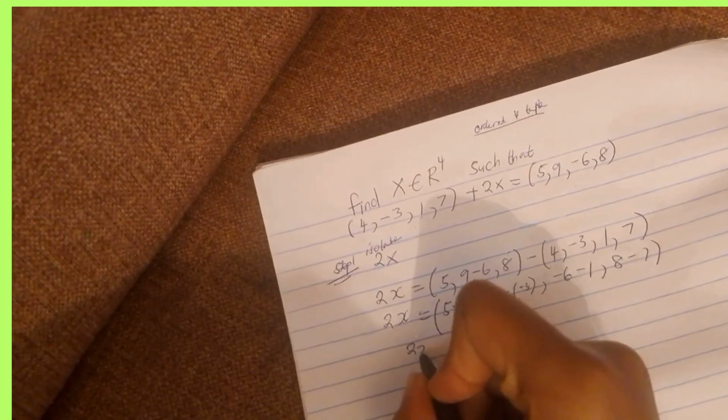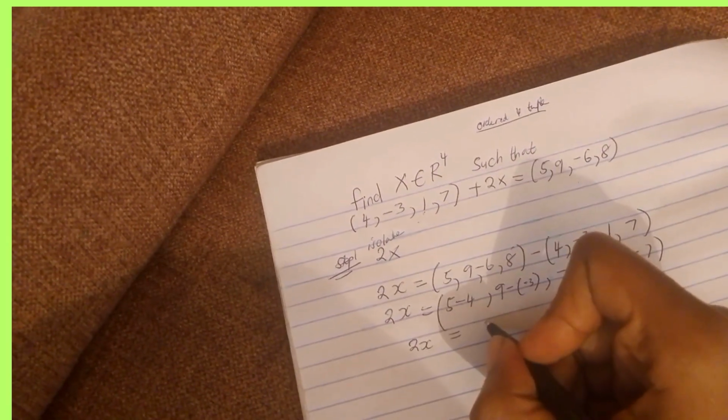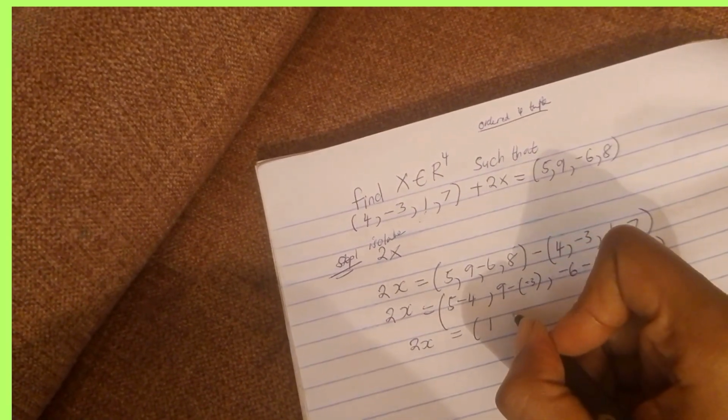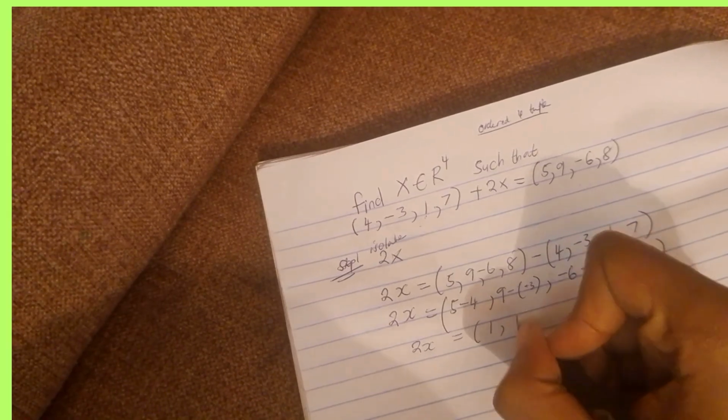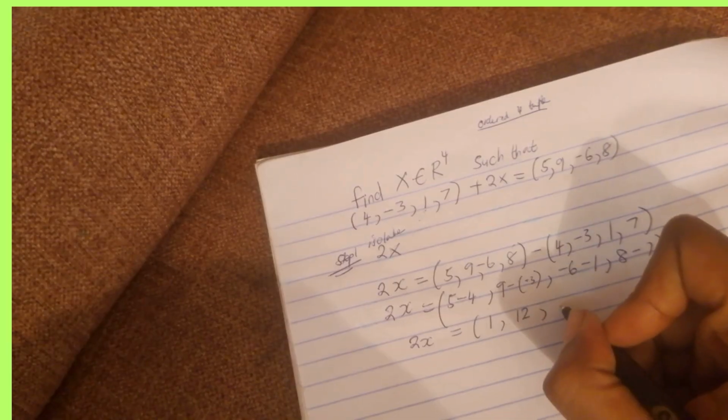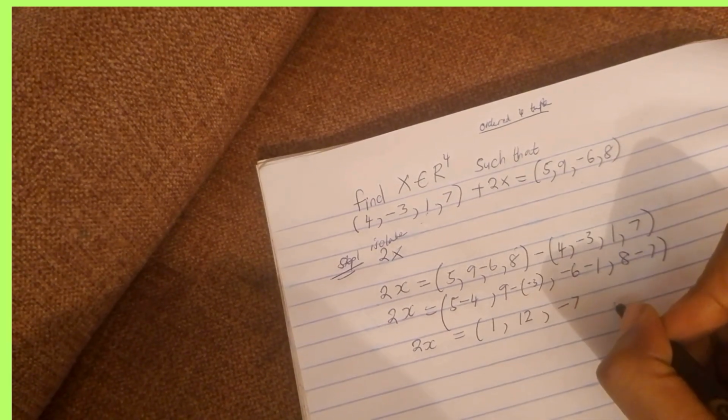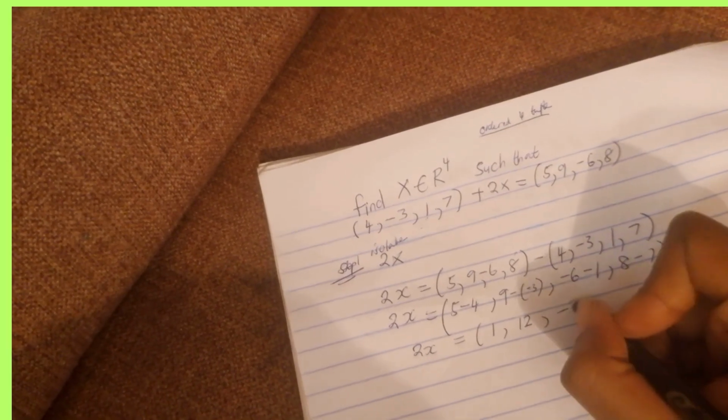So therefore we would get the final result as 1, this would be 6, this would be negative 7, and this would be 1.